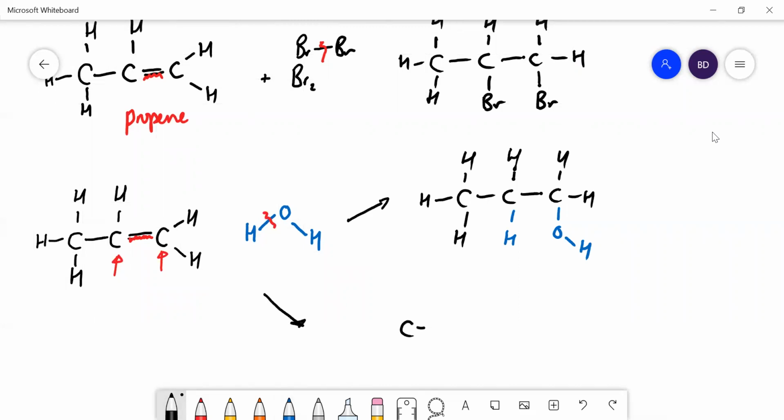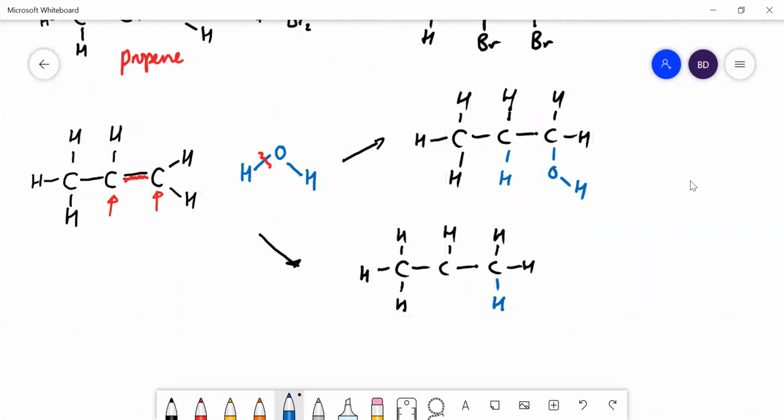So you could end up with, we've got 3 hydrogens here. You could stick on the hydrogen on the end carbon and have the OH going on the middle carbon. So you end up with 2 slightly different versions of propanol. These are both propanol, but they're slightly different.